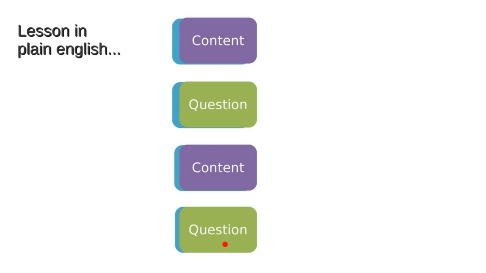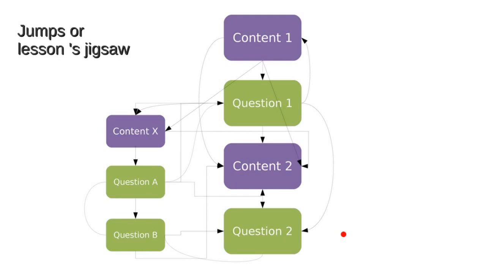What makes lesson a bit complicated? It's the jumps. The jumps can be the lesson's jigsaw. Jumps define the learning path that someone will follow. For example, someone can start from content page 1, take a question, then move on to a second content page and take another question.